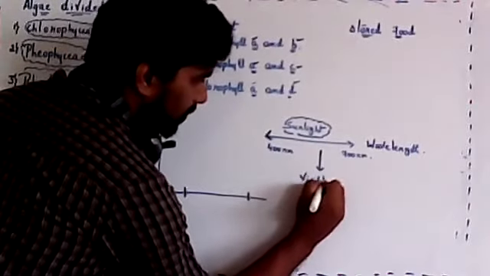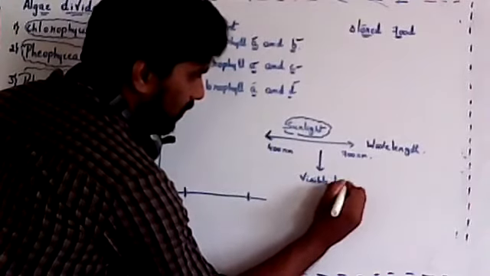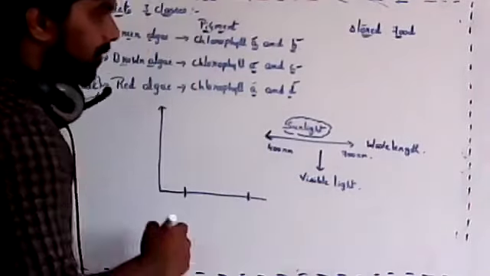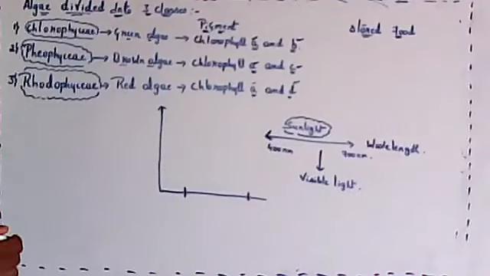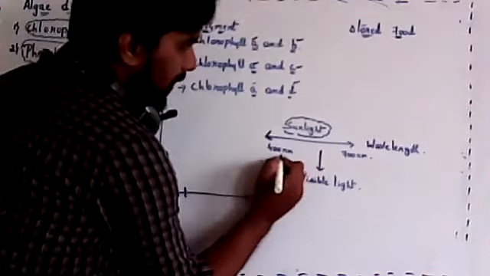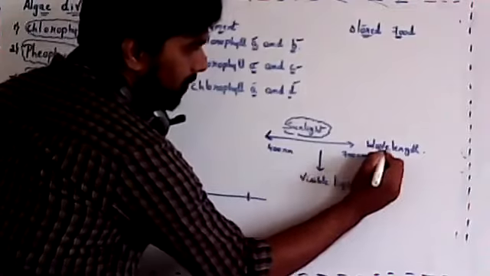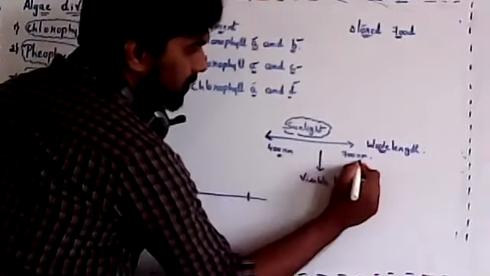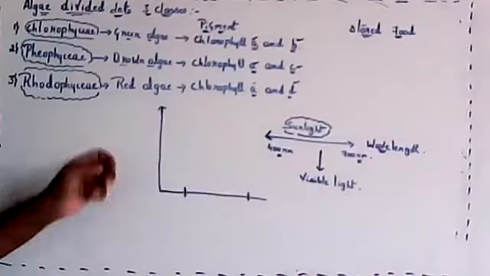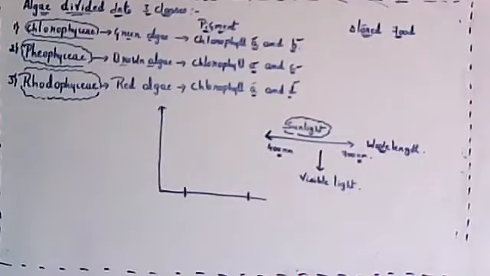Understood? Whatever you observe now outside is visible light, provided by sunlight. This visible light has a special spectrum or wavelength of 400 to 700 nanometer.